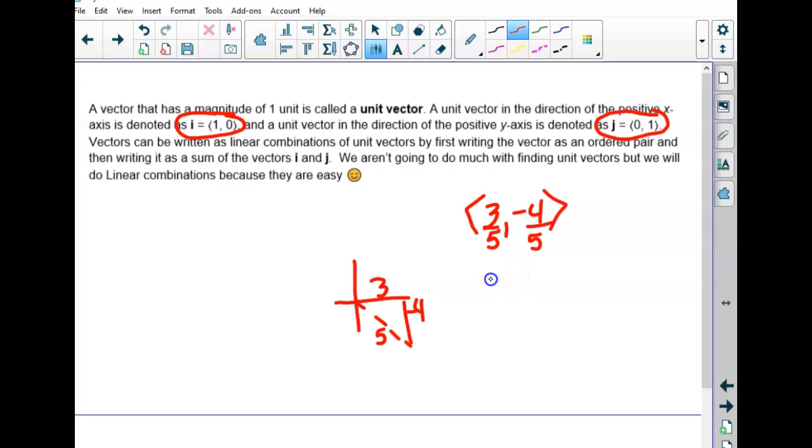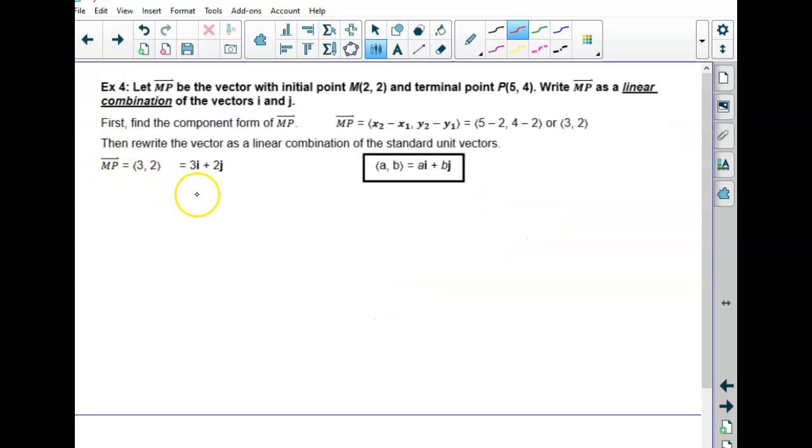I'm not going to ask you to do unit vectors, okay? But the linear combination ones are really easy, so I assigned a couple. Linear combination just says you take a vector and you put in an i on the x term and a j on the y term. That's it.